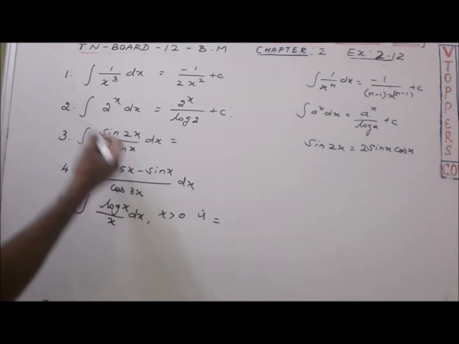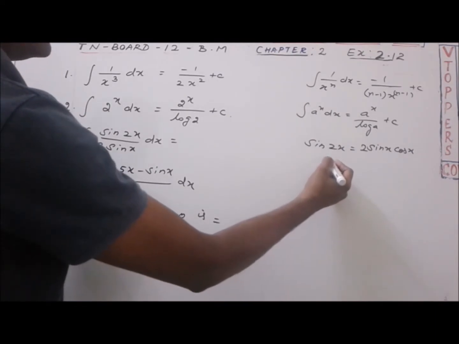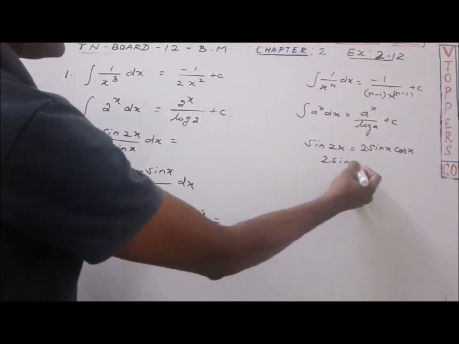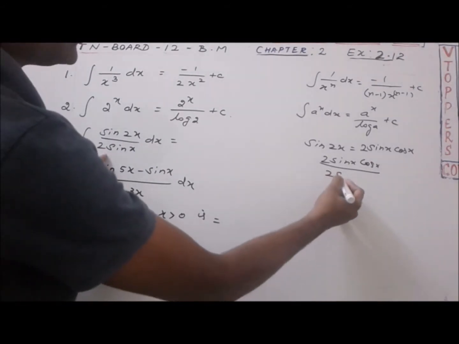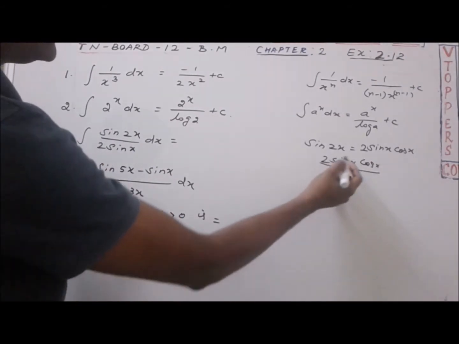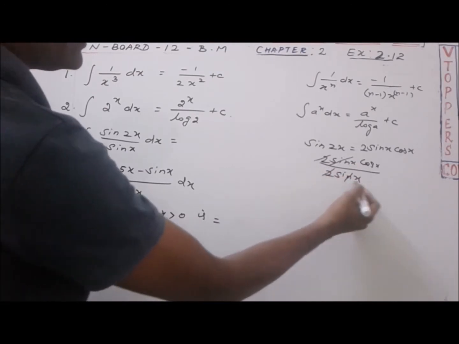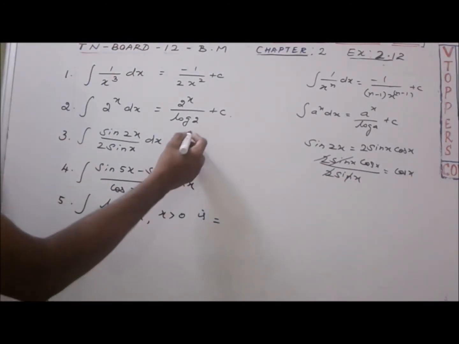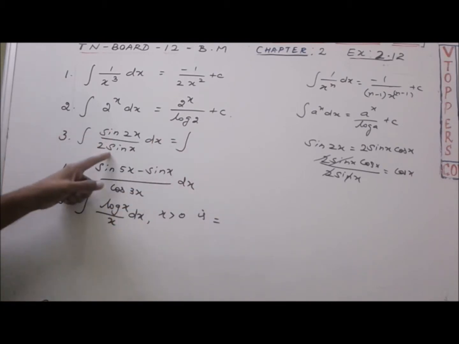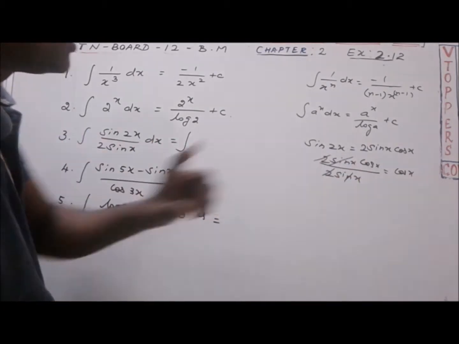So substituting in the numerator, 2 sin x cos x, divided by the denominator 2 sin x. So 2 sin x gets cancelled, remaining is cos x. So sin 2x by 2 sin x is equal to cos x.